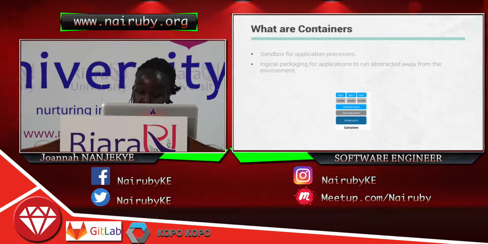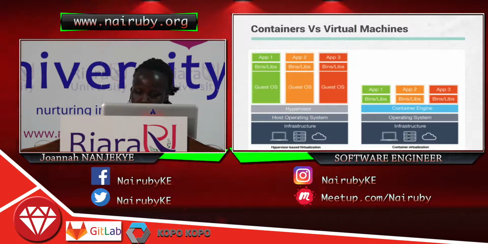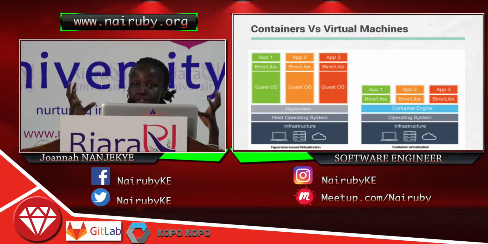So containers may have similarities with virtual machines, but like I've said, with a virtual machine, a physical machine will usually have a host OS, and we'll have a hypervisor so that we are able to run other guest operating systems on top of the host operating system.